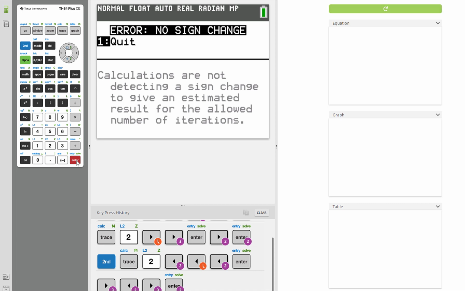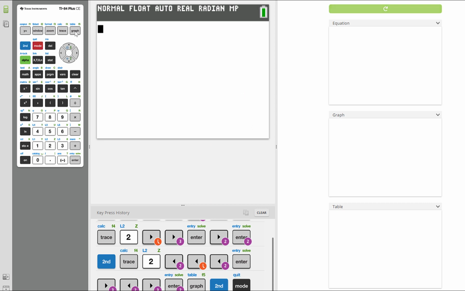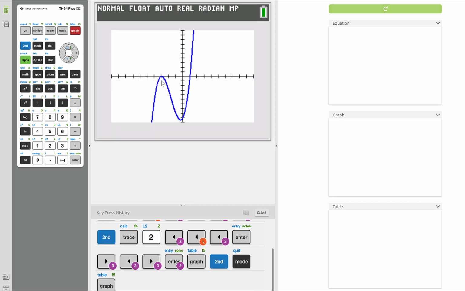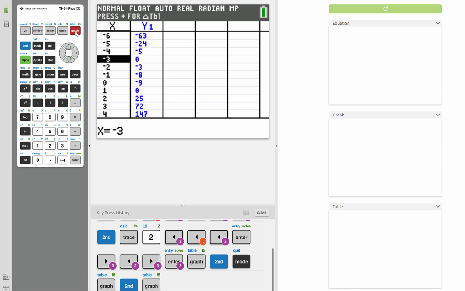I don't know if it's essential that there has to be a sign change, from positive to negative or negative to positive in terms of the y values, going across the x-axis in order for you to be able to use this calculate function for the 0. So unfortunately, I wasn't able to do it that way, but you can go to the table and we were able to find the 0 on there.